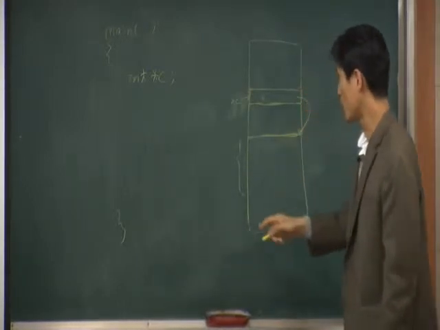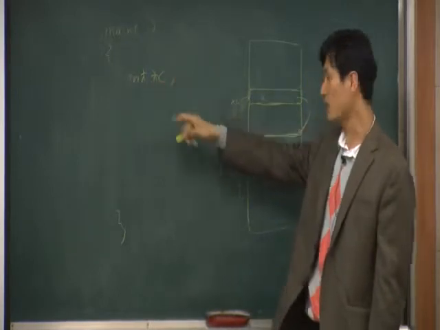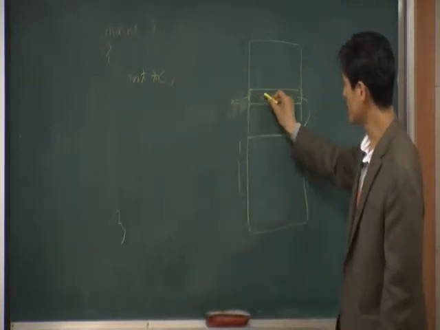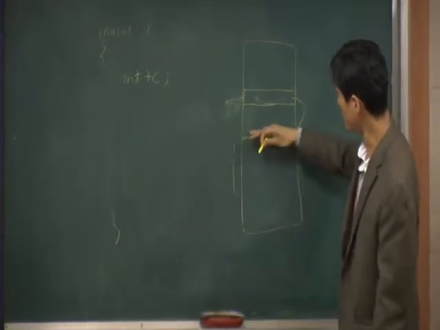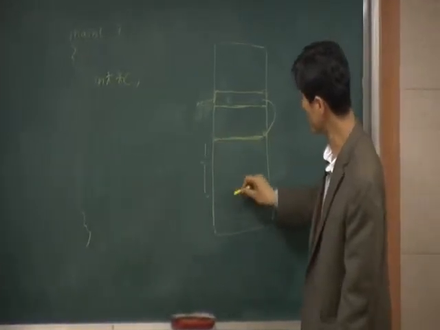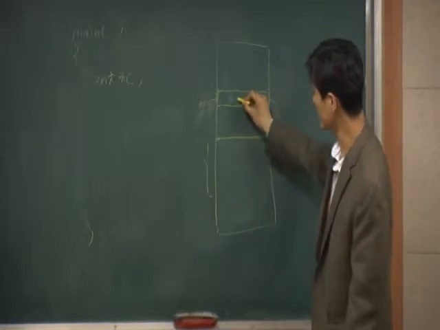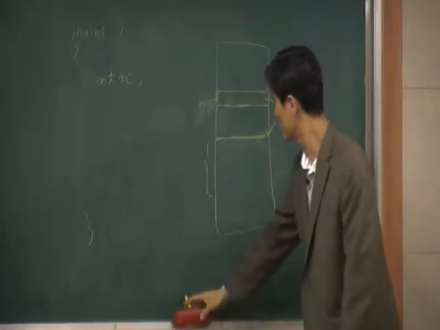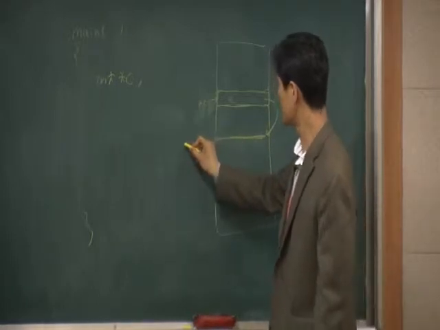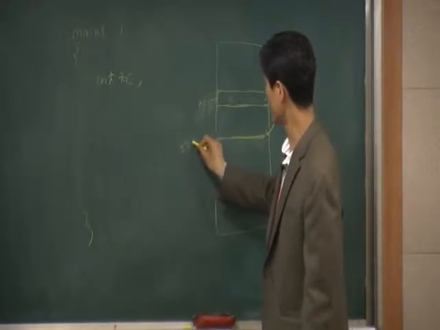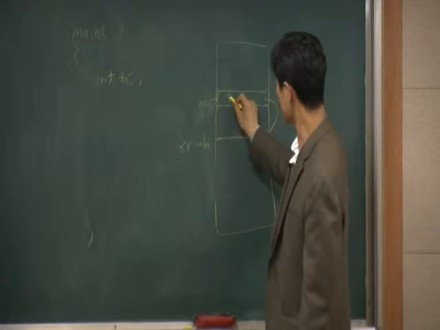In other words, when you declare it this way, they set the first boundary, or maybe the bottom address, into here. Let's say here is address 88H, and this one has 88H.